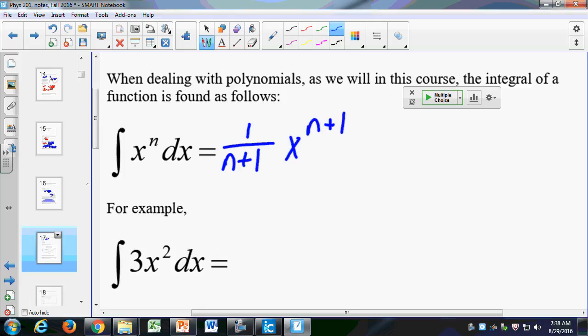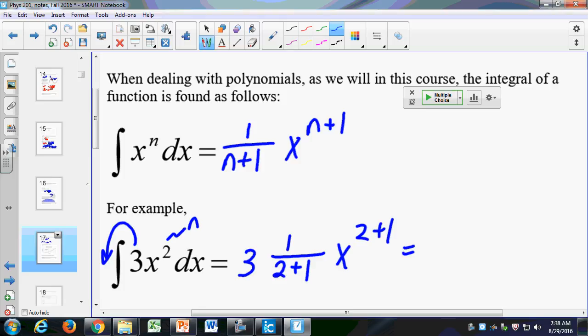So for example, here, my 3 would just come out of the integral. It doesn't change, so the integral of 3 is 3 times 1 over, here n is 2, so it's going to be 1 over 2 plus 1 times x to the 2 plus 1. And so that's going to be, these will cancel, 3 over 3, x cubed.